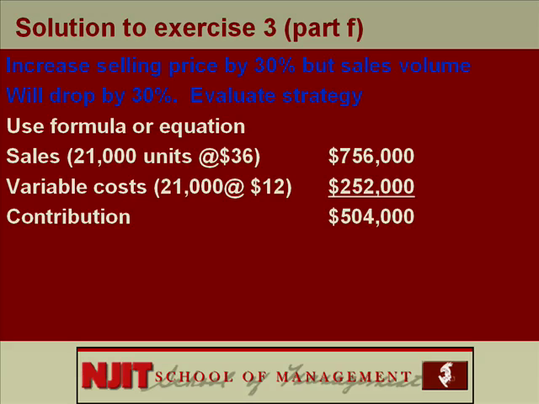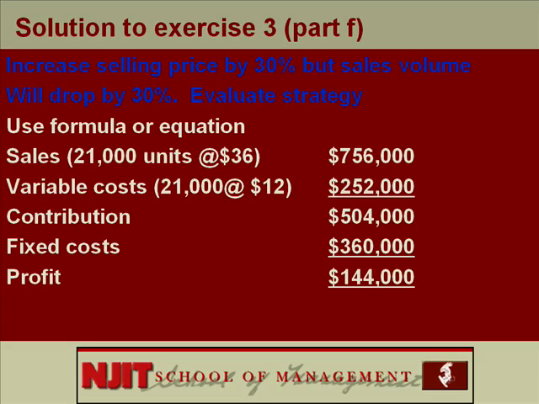Fixed cost, the contribution is 504 if you subtract, and the fixed cost is 360, so the profit is 144. So what's your conclusion? Originally it was 180,000. Now it's gone down to 144,000. So it's not a good strategy. It's not beneficial to the company.